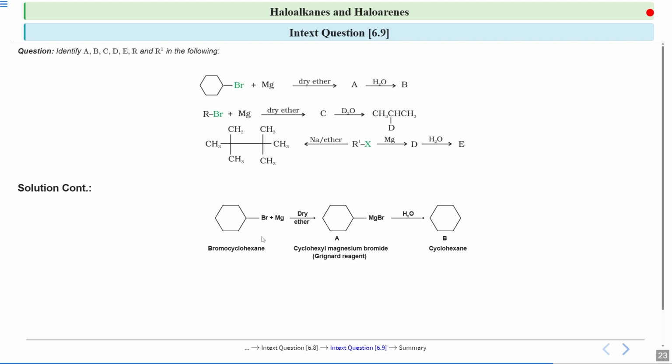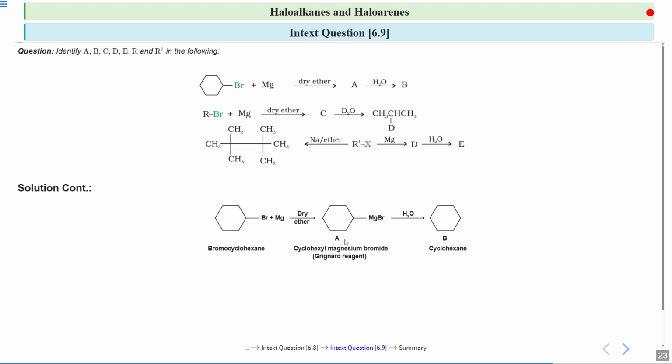So this bromocyclohexane, when reacting with magnesium in the presence of dry ether, what will you get? A Grignard reagent, RMgX, that is cyclohexyl magnesium bromide. X is bromide and R is cyclohexyl.